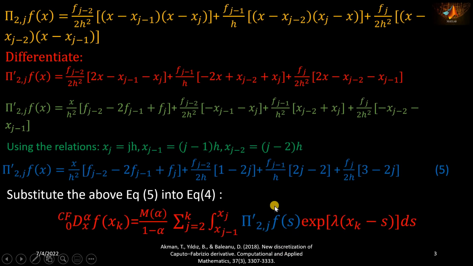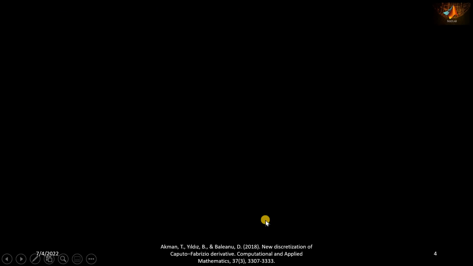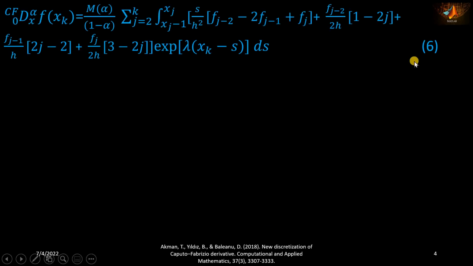You can see from the previous slide that the last equation is our equation number 4, in which the first order derivative has now been replaced by the left hand side of equation number 5. In the next step I am going to put this blue color expression into this integral. If we do so, you will have equation number 6.